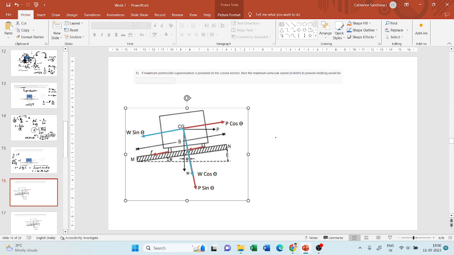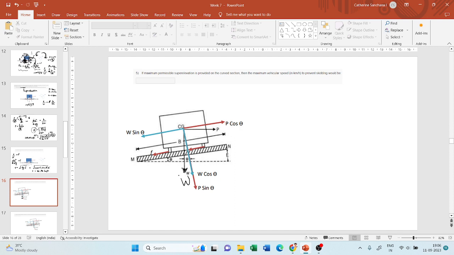In the raised section, the forces will still be acting horizontally and vertically only. This is the weight of the vehicle, which is acting vertically down, and this is the centrifugal force, which is acting horizontally.